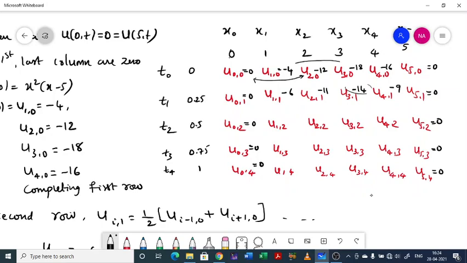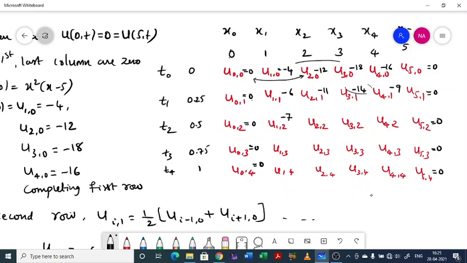Next, for further rows we have to use a different rule, right? 0 minus 11, we have to add these two and subtract 4, subtract minus 4: minus 11 plus 4, we get minus 7, right?